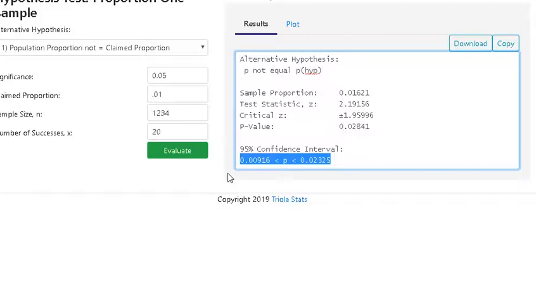So it's somewhere between 0.00916 and 0.02325. Well, what's wrong with that in light of our conclusion? Yeah, 0.01 is actually in this interval.